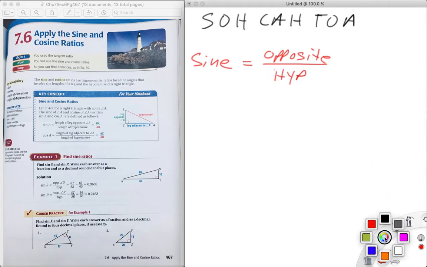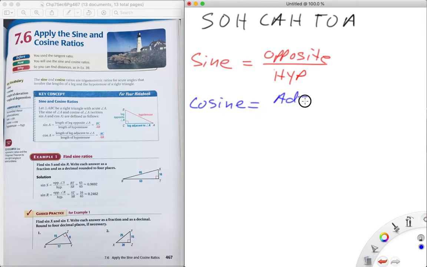And when we talk about cosine, it's going to be adjacent over hypotenuse. Right? Sine, opposite over hypotenuse; cosine, adjacent over hypotenuse.